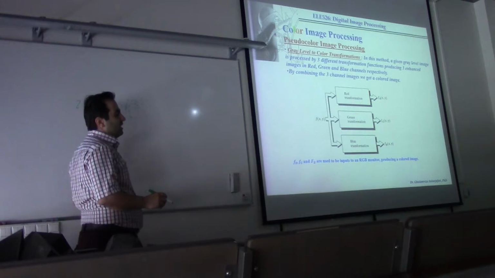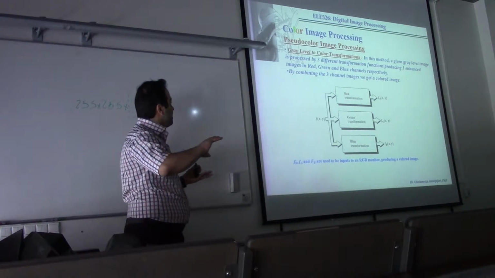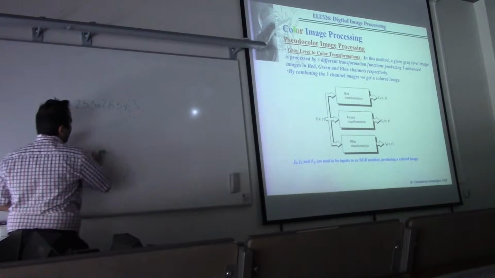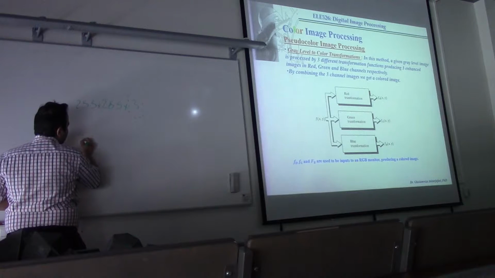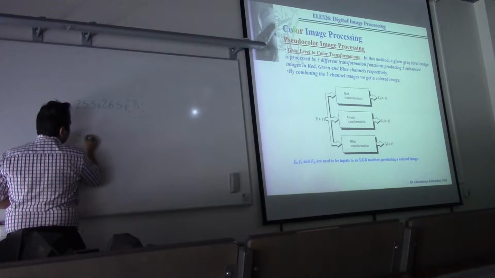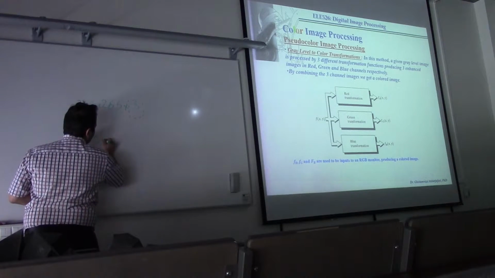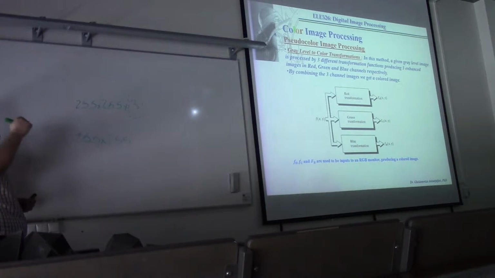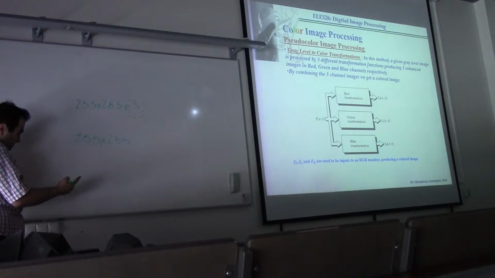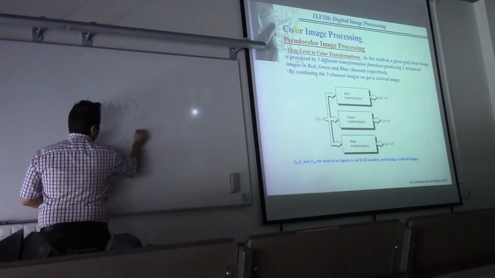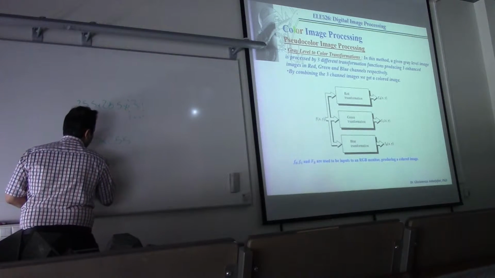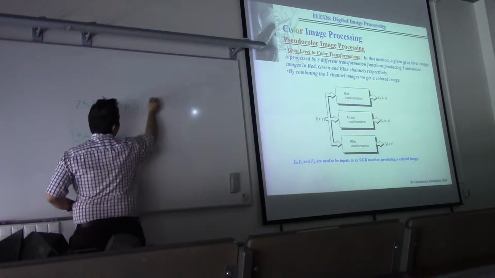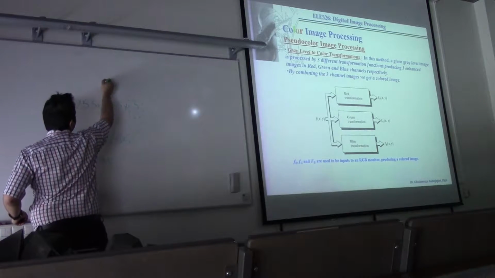But if you convert the color image to grayscale, you can see that the size of the matrix is, for example, 255 by 255. It means that we just have a two-dimensional matrix that is the gray scale, and we have this in color.